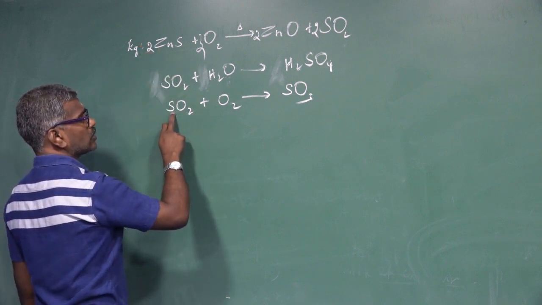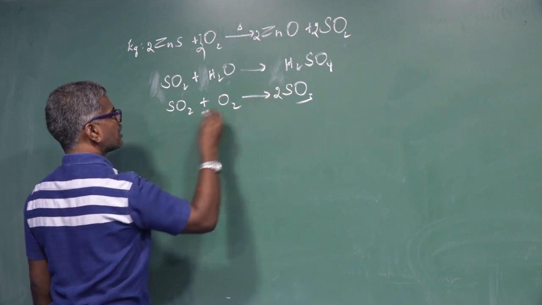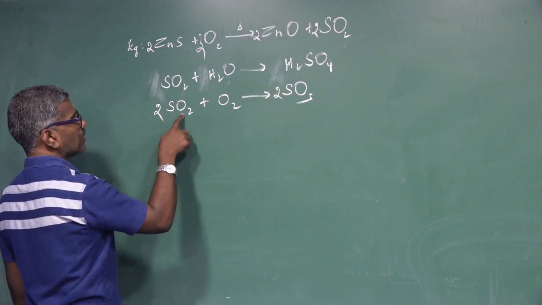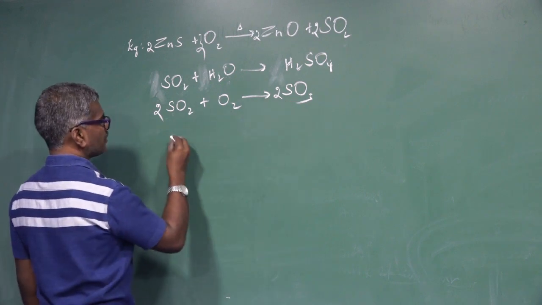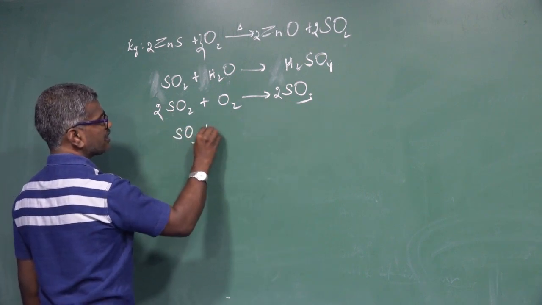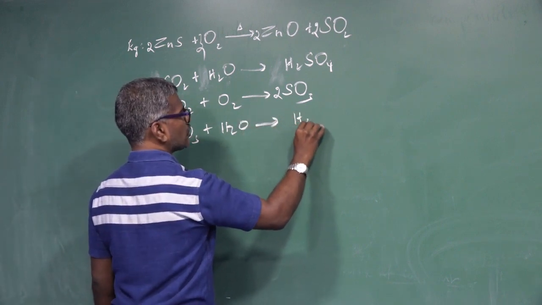Here 2 oxygen, here 3 oxygen, here 2 times, 4 is 2, 6. SO3 is further treated with water to form H2SO4.